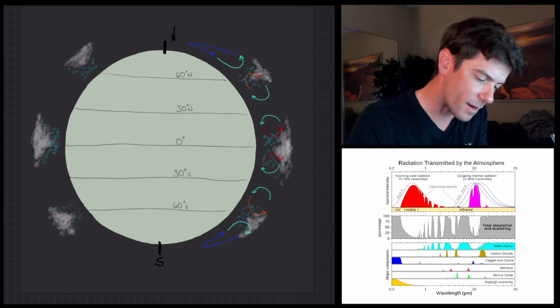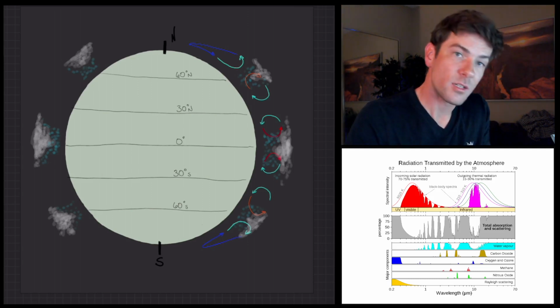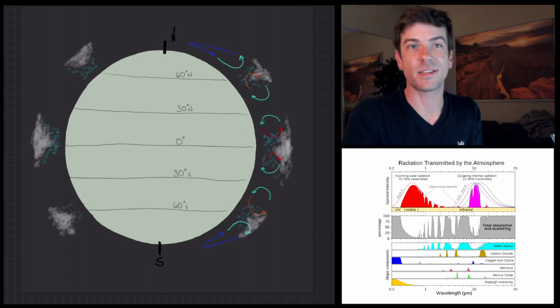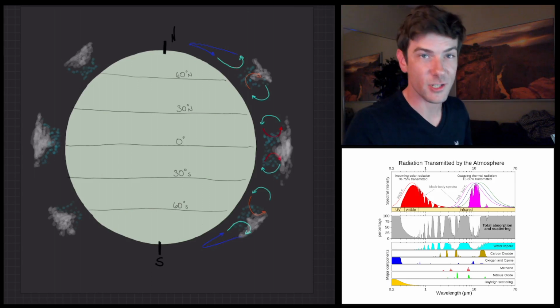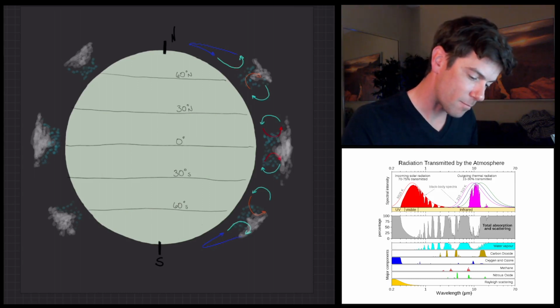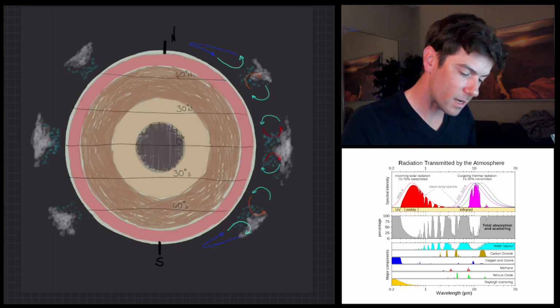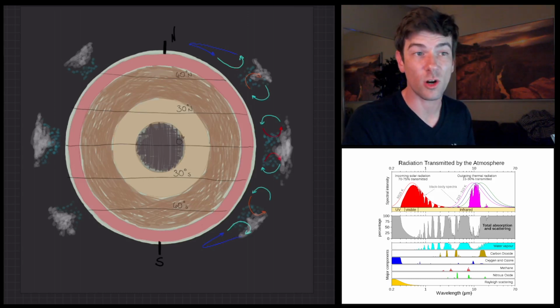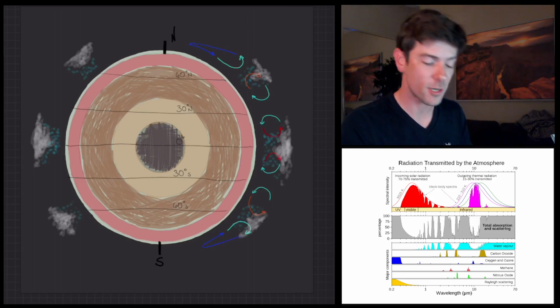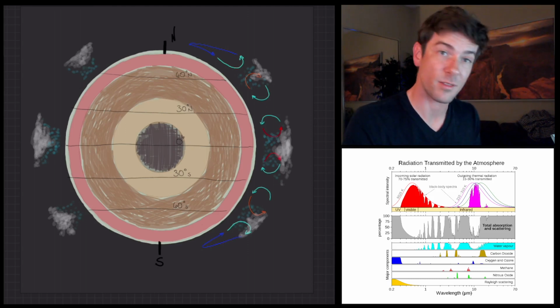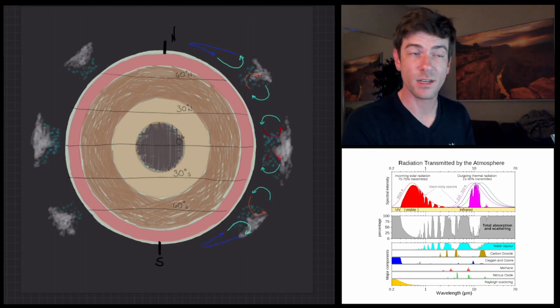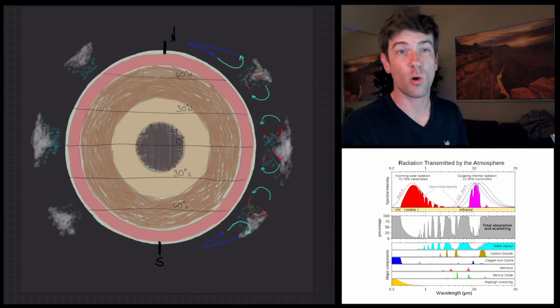We went from there to talking about other places in the Earth system where convection occurs. First, we laid out how the Earth is structured, the Earth's interior. We said that there's a mantle beneath the crust, and then beneath that mantle there's a core.